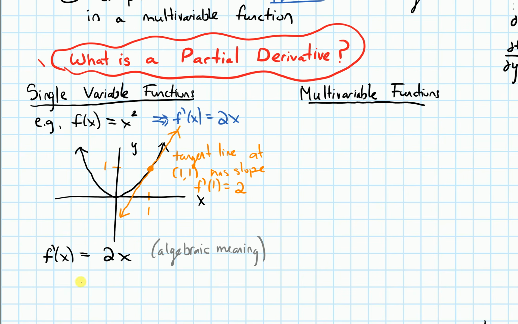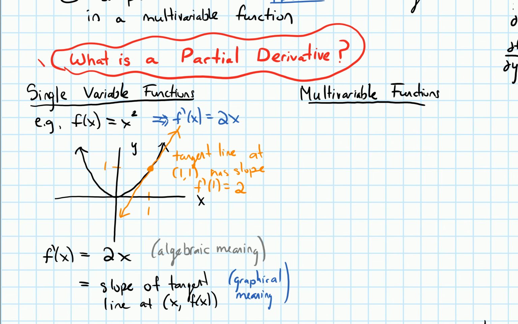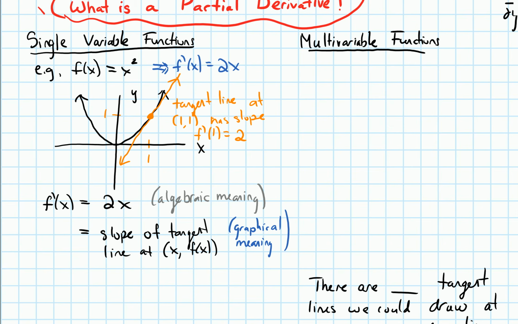Okay, so graphically, the derivative is the slope of the tangent line at the point x, comma f of x. And that is the graphical meaning of the derivative. It's the slope of the tangent line.